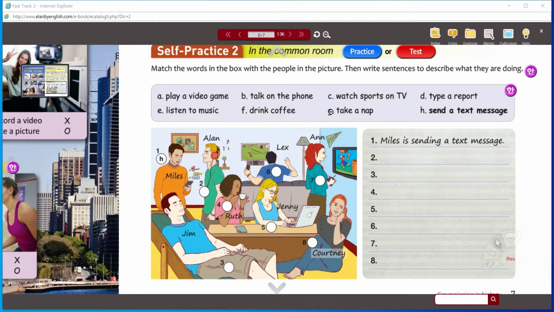I think it's obvious. G. Jim is taking a nap. Number 4. Okay, we've got Ruth here. What is Ruth doing? Ruth, letter F, Ruth is drinking coffee.